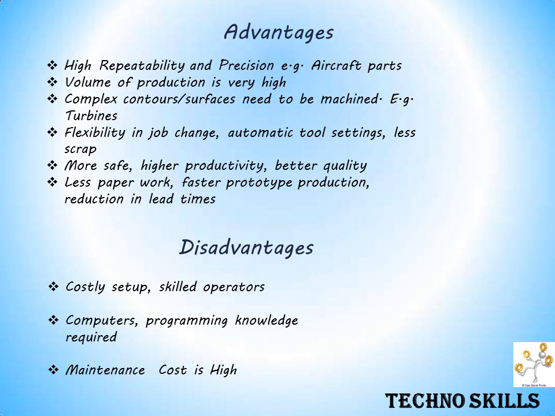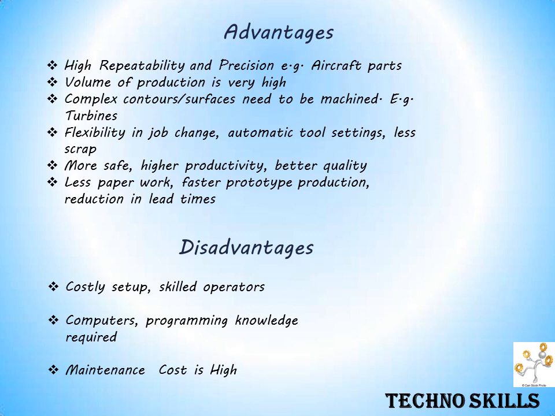And if you see the disadvantages, there are only 3 disadvantages, but mainly one is a huge disadvantage. One is the costly setup, because CNC machines involve many electronic items, electrical items, and many more automation segments. That is the reason the cost of the machine is very high.